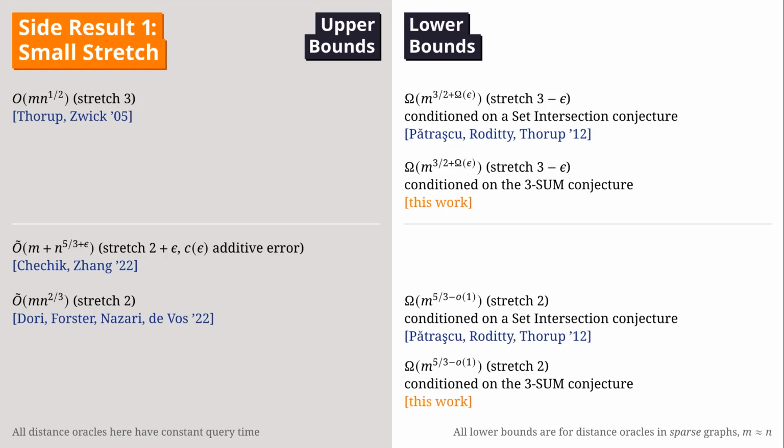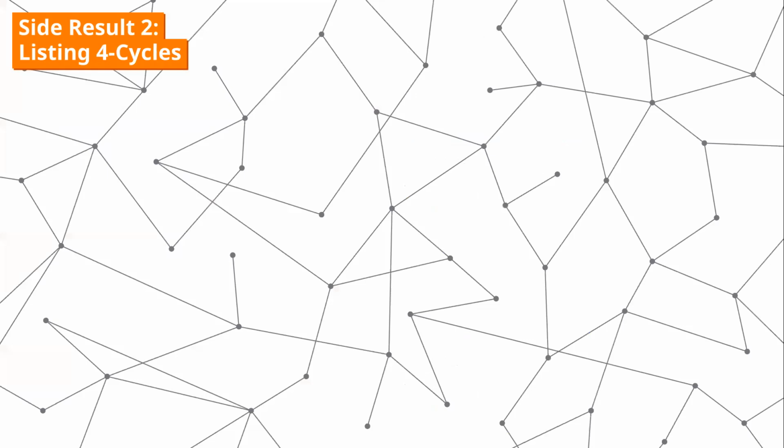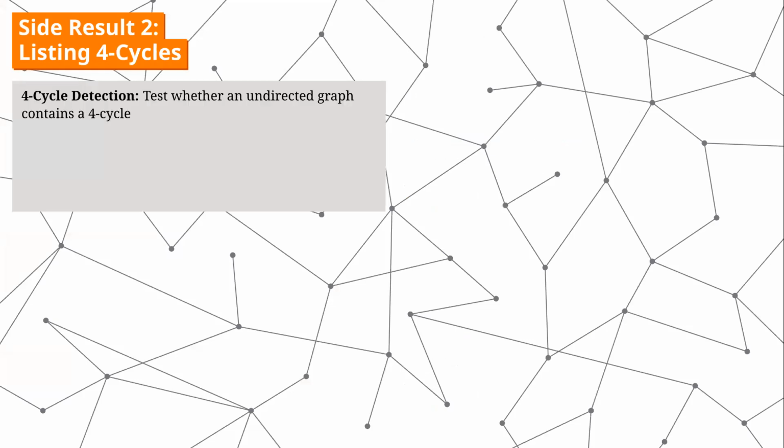And there is another regime in which our lower bound techniques achieve tight results, which is in the case of listing 4-cycles. So let me introduce the problem briefly. Actually, first of all, let me introduce the 4-cycle detection problem. Here again, you're given an undirected graph. The task is to check whether it contains a 4-cycle. Okay, for instance, this one is a 4-cycle.